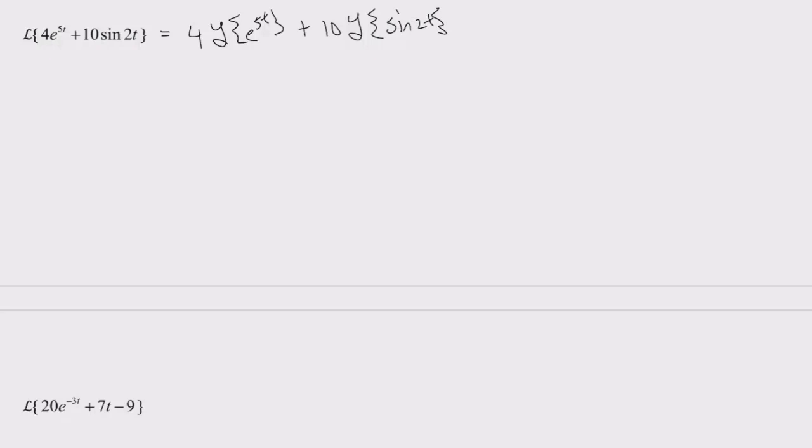All right, so that's going to be 4 over s minus 5, and then 20 over s squared plus 4.